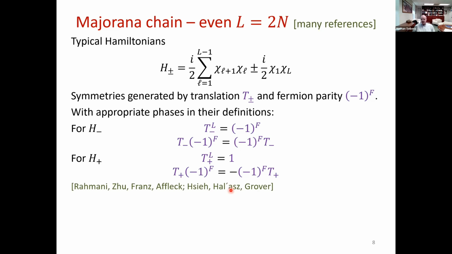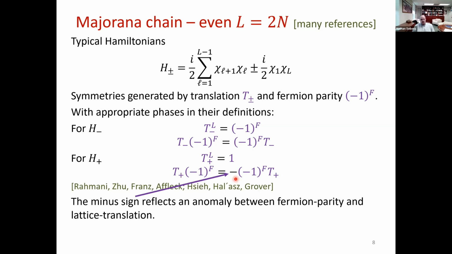Translation anti-commutes with -1 to the F. An easy way to see that is that the translation shifts all the labels by 1, and -1 to the F is a product of all the fermions in the problem, so it's a product of chi1, chi2, etc., up to chi8. If we take the product and shift by 1, or do it in the other order, one fermion has to be dragged all the way from the end to the beginning. So there are L-1 transpositions, and since L is even, we get a minus sign.